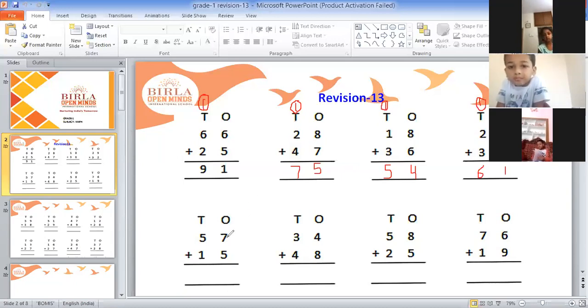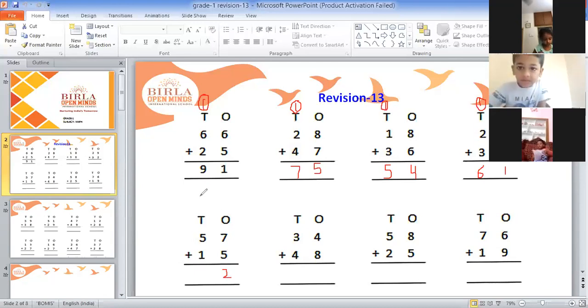So now tell me 7 plus 5, how much? Show your 5 fingers. Yeah. Now start counting after 7. 8, 9, very good. 12. Very good. So 7 plus 5 is 12.